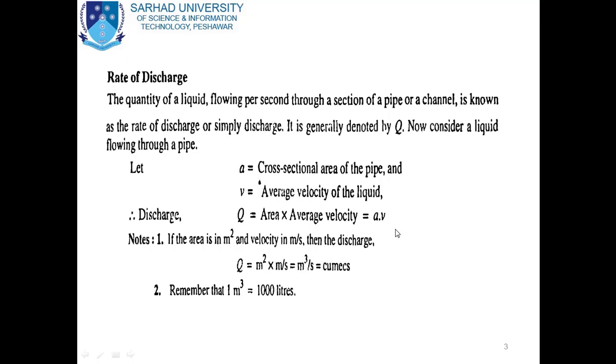Now note, if the area is in square meters and velocity is in meters per second, then the discharge Q is in cubic meters per second, which is m³/s. Also remember that 1 cubic meter is equal to 1000 liters of water, or in 1 cubic meter there are 1000 liters of water.